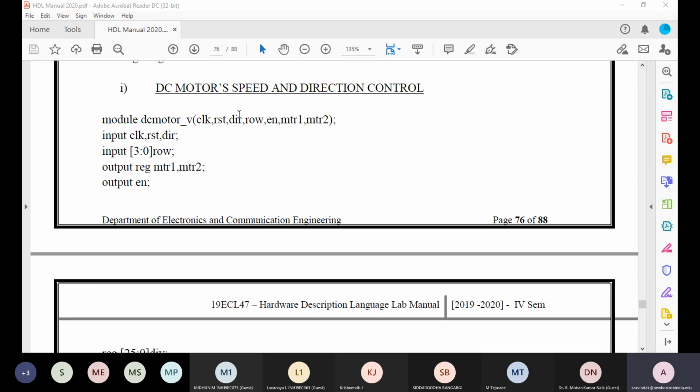Now direction is for controlling the direction of the motor to clockwise or anti-clockwise. Now we have one particular signal called row. Now in this row, actually in the daughter board we have some switches. By means of these switches we are going to choose the speed of the motor. We have 4 speeds here now, and for that we have one more variable called enable.